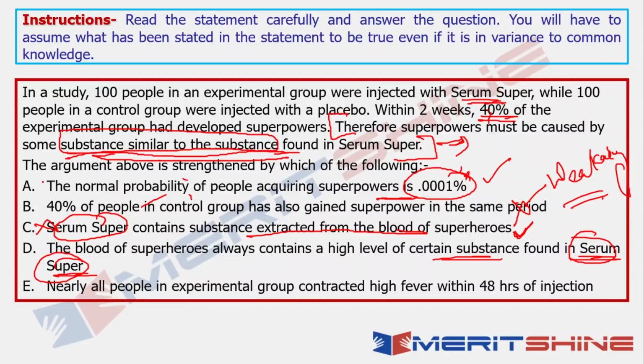So between A and D, D is better. Last one: nearly all people in the experimental group contracted high fever within 48 hours. That is irrelevant. So only D can be the answer.